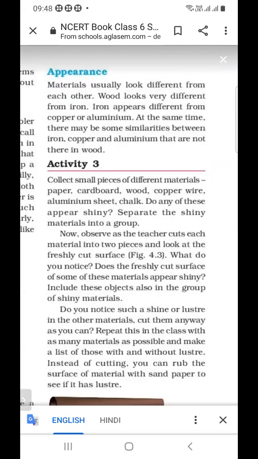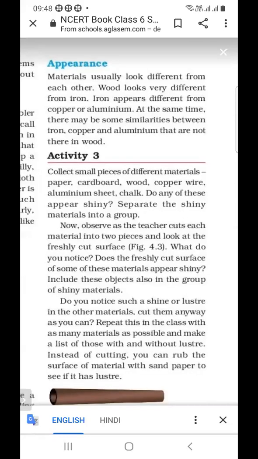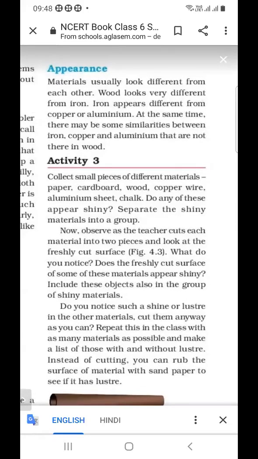So every material is different from another material. This property is called appearance.